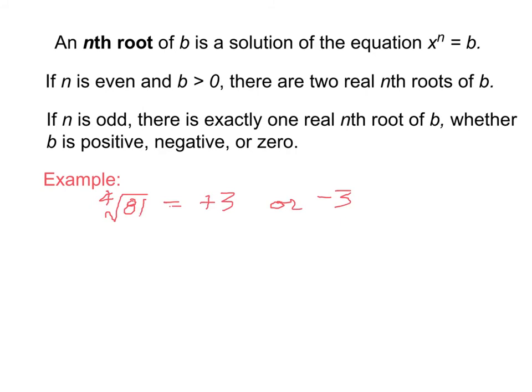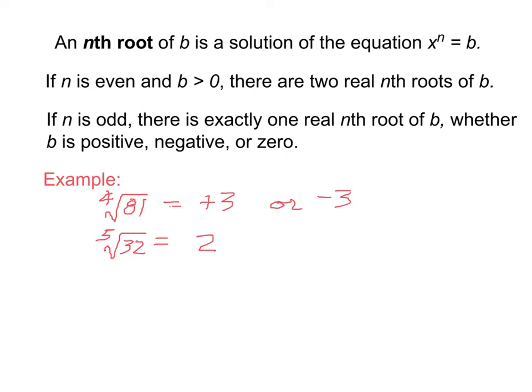All right, let's look at the fifth root of 32. Now in this case, n is odd. The fifth root of 32 is simply going to be 2, because 2 to the fifth is equal to 32. And that's the principal root.